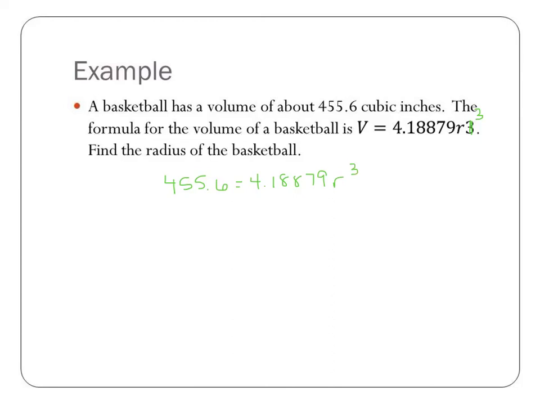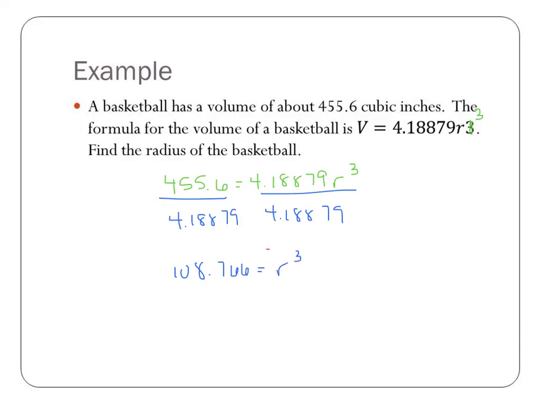Okay, and what is our first step? You have to get your r cubed by itself, which means you are dividing both sides by 4.18879. So that's going to give us 108.766 equals r cubed.